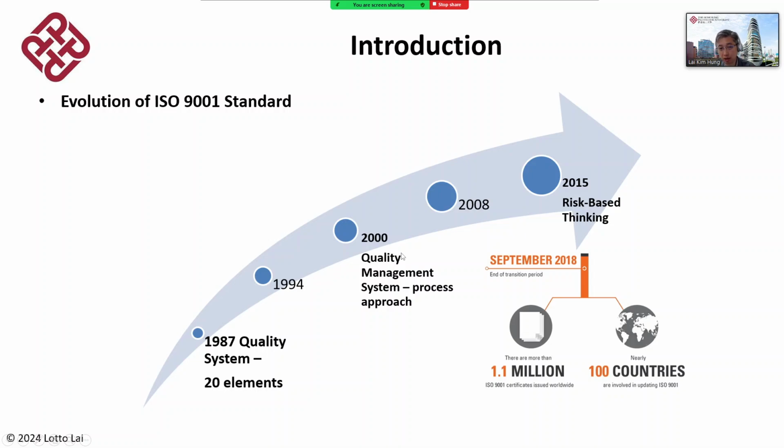The process approach was introduced, with customer focus and continual improvement. 2008 was a minor change, and 2015 added risk-based thinking. In 2024, most likely this year, the new standard is a minor change adding climate change inside.